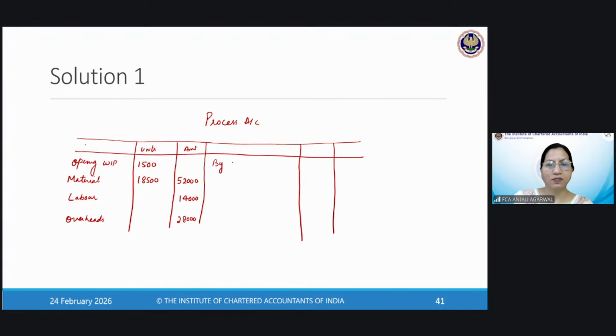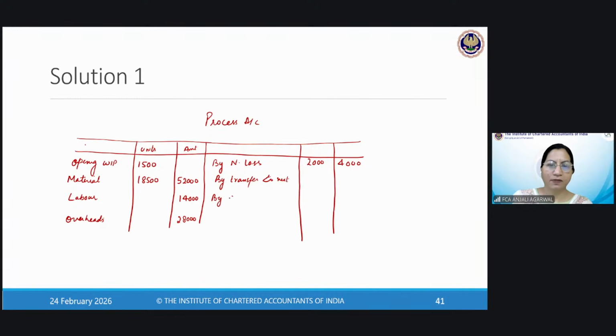By normal loss, 2,000, which was sold for 4,000. By transfer to next process, I'll come on to that.